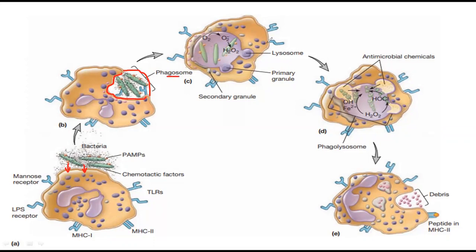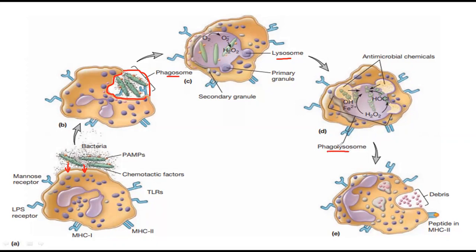As you know, in phagocytes there is a high content of lysosomes. So this phagosome gets attached with the lysosome, or different lysosomes attach with the phagosome, and form a structure known as the phagolysosome.